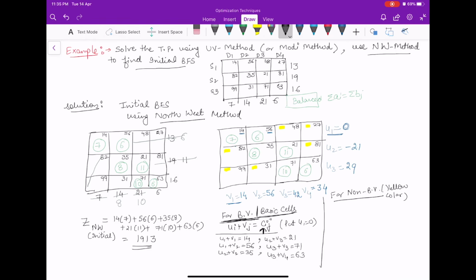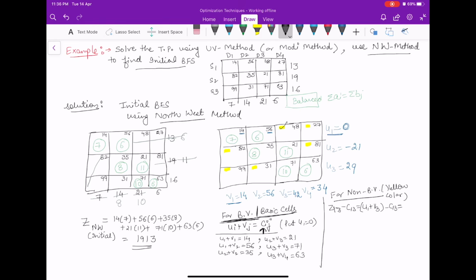And if I look at these cells, what I need to check is I need to calculate now zij. So the first non-basic cell is first row, third destination center. So this is C13. This means it is u1 plus v3 minus C13.